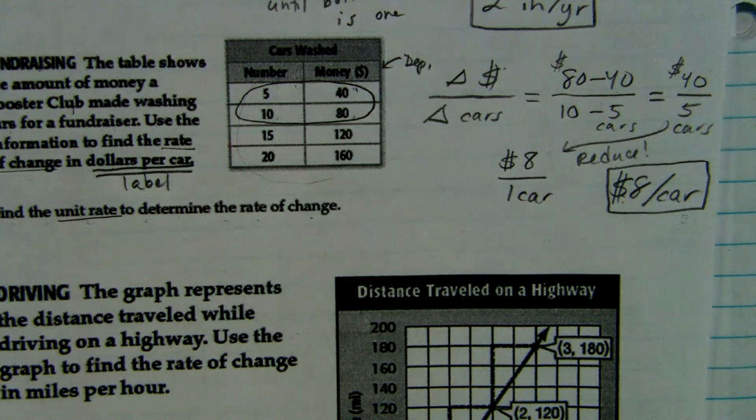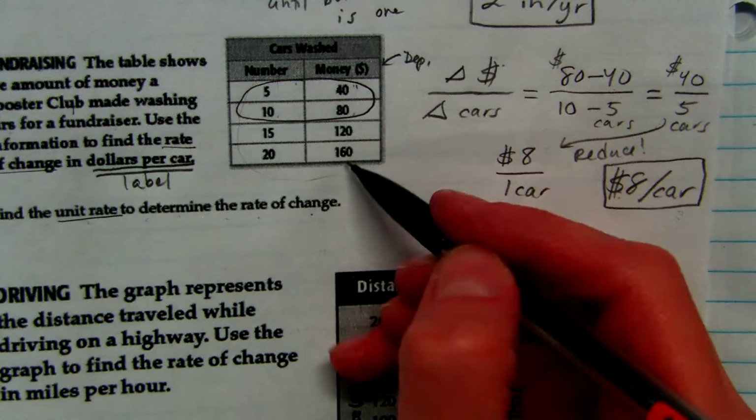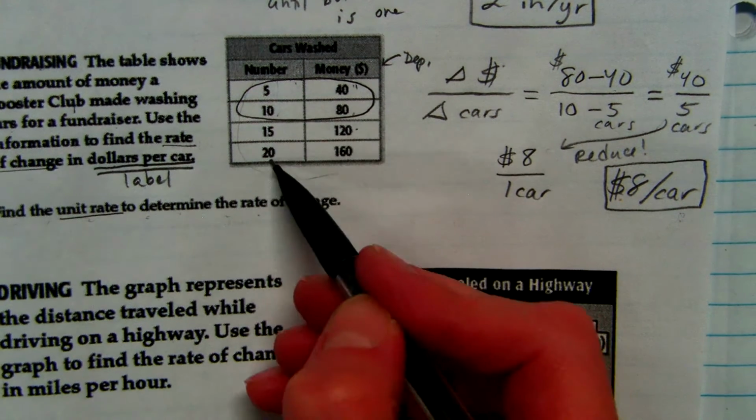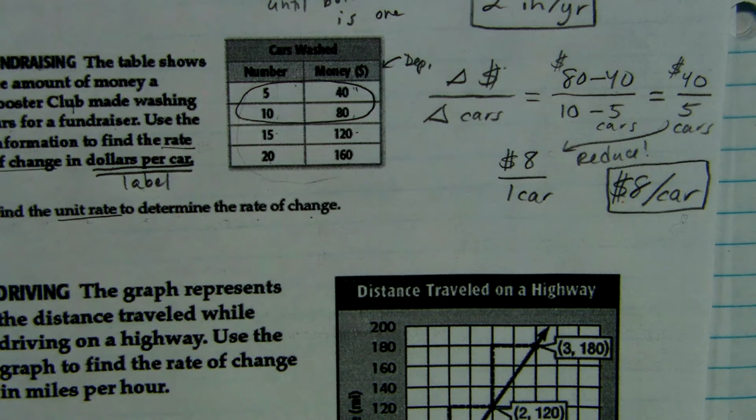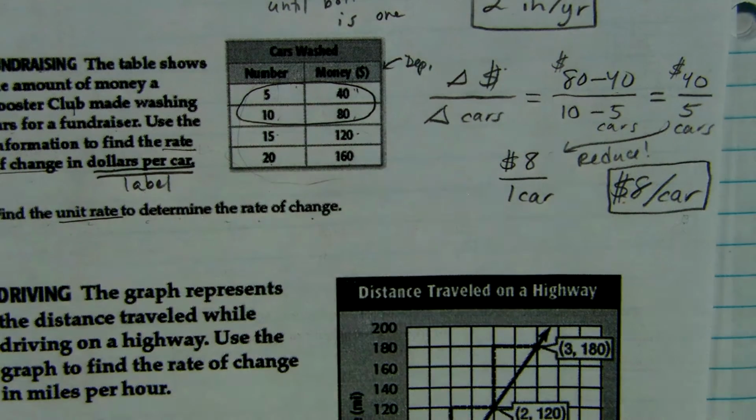I don't need the other numbers. The bottom 2, I could do the bottom 2. You could do the bottom 2, same answer. Because 60 minus 120 is still 40. 20 minus 15 is still 5. And sometimes they don't come out to the same numbers, but they'll reduce to the same number. You can pick whatever numbers you want as long as you're choosing 2 complete sets.